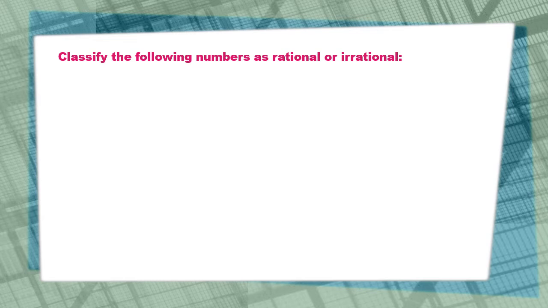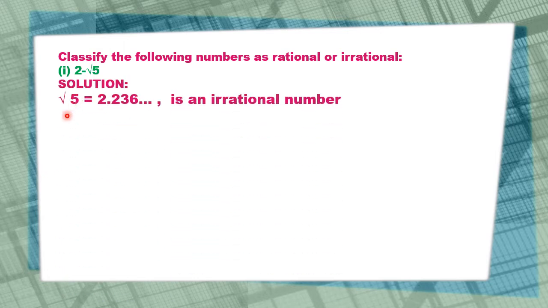Classify the following numbers as rational or irrational. 2 minus root 5. As we all know, root 5 is equal to 2.236 and so on. We also know that it is an irrational number. Why?